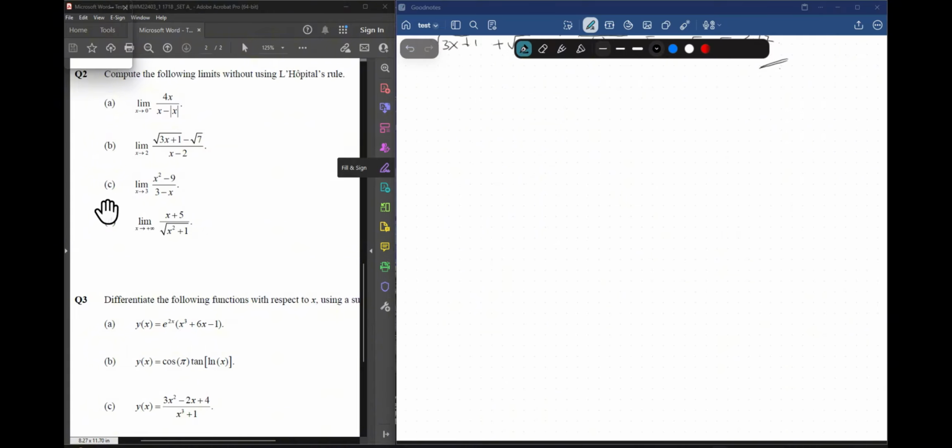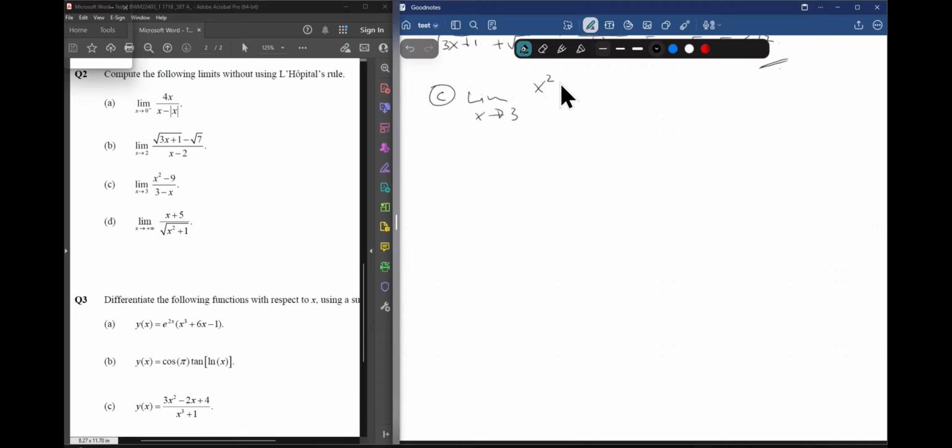For part C, what is the limit of x squared minus 9 over 3 minus x as x approaches 3? Let me write down for part C. We just write down x approaches 3 for x squared minus 9 all over 3 minus x.